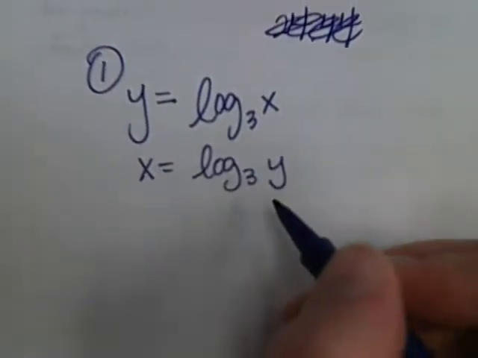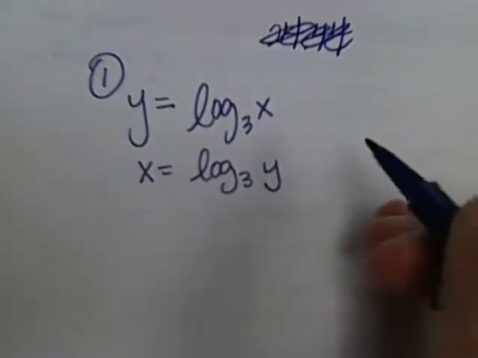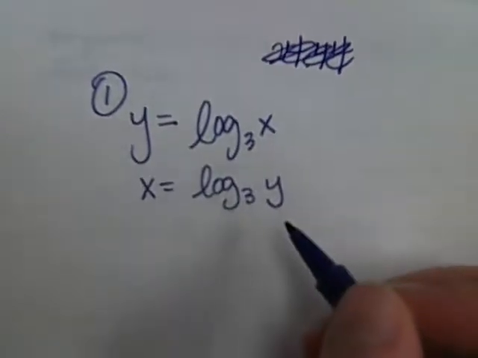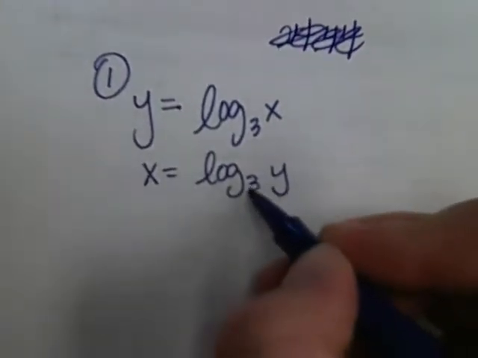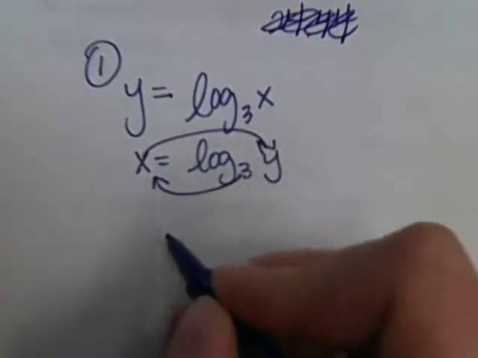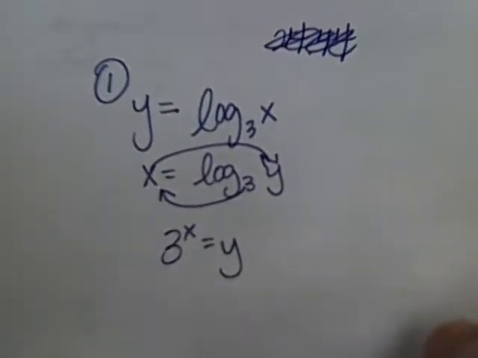Well, the only way to remove a log so that I can get y by itself is by rewriting in power form or in exponential form. So remember, we use the base 3 to the x equals y. And now I have y by itself.